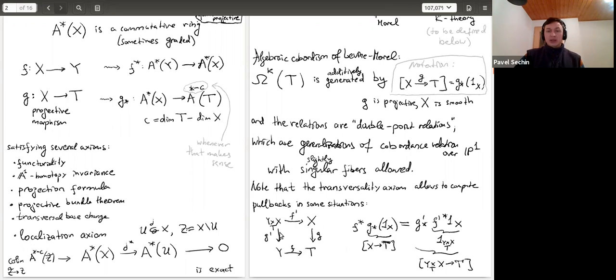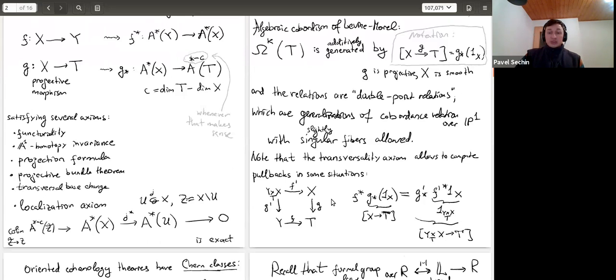Because we can go this way, we can first take the pullback of the identity, but the pullback is a map of rings, so it has to preserve the identity, and it sends the identity of X to the identity of Y times X over T. And so we get that the pullback of this morphism is this morphism. So again, it's quite explicit, though it doesn't work in general for an arbitrary morphism f. But sometimes it does, and it shows you that it's, again, quite geometric, quite explicit.